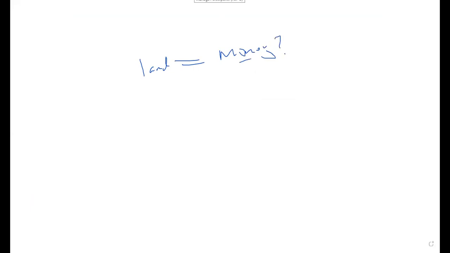Yes or no? No, right? So the land just has value. So that value is the one that you have a monetary equivalent of.